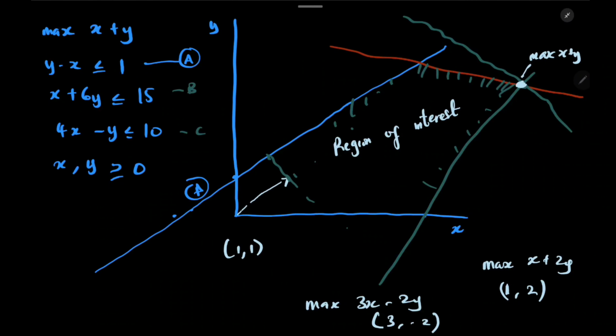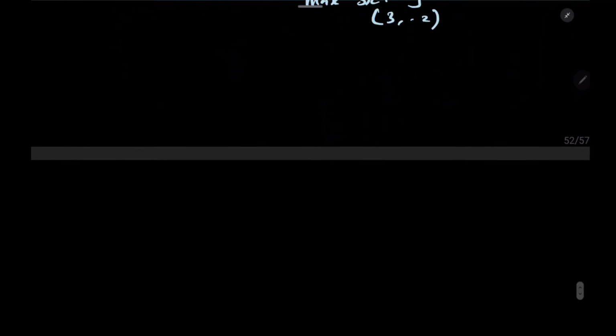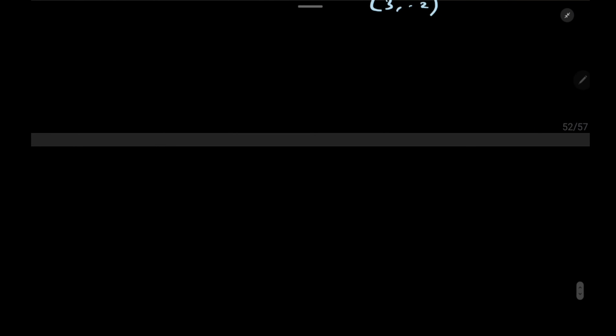Supposing we had 3 variables instead of this flat graph that we have, we want to look for an intersection of the 3 planes. There are other methods of solving LP. We have the simplex method, which is computationally expensive, by the way.